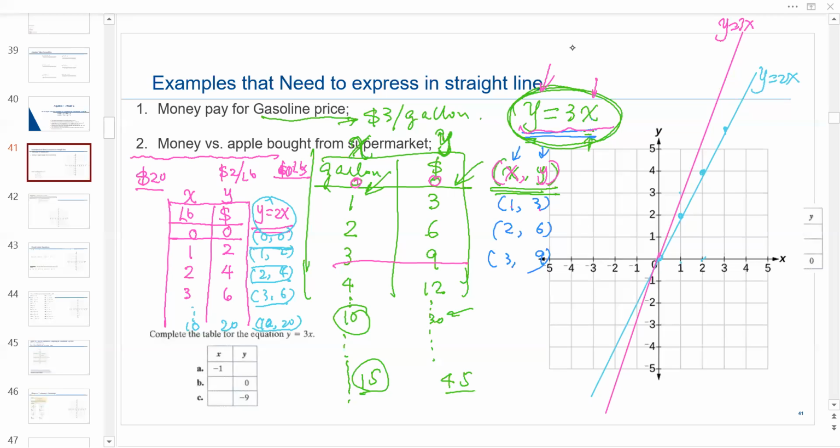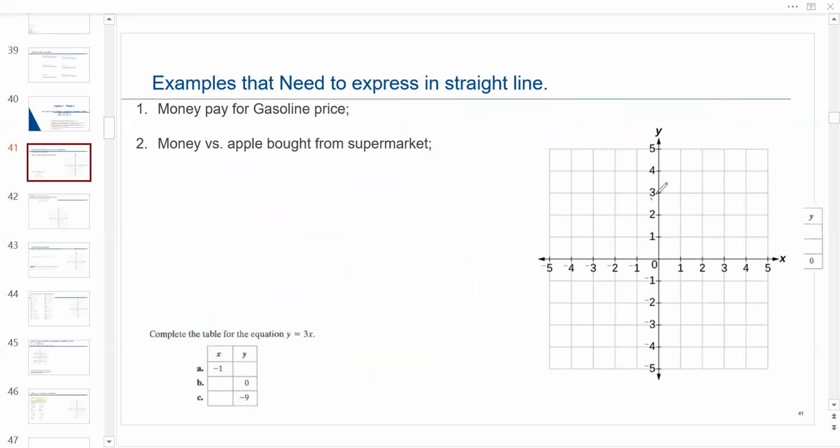So you get this linear line, right? This example we already talked about. You can find the pairs, at least 2 or 3 pairs, and you can find the linear line, right? All right, let me go do a little bit further one.